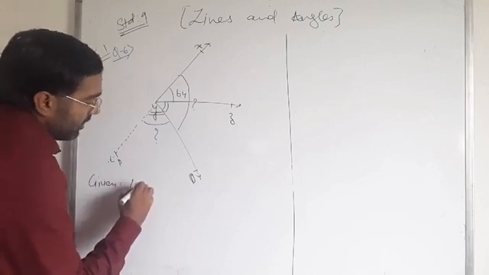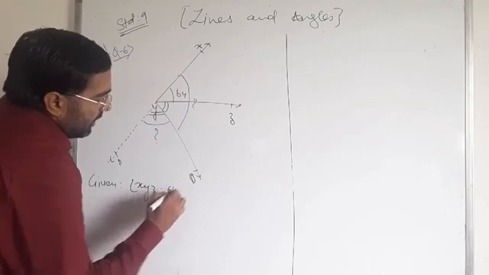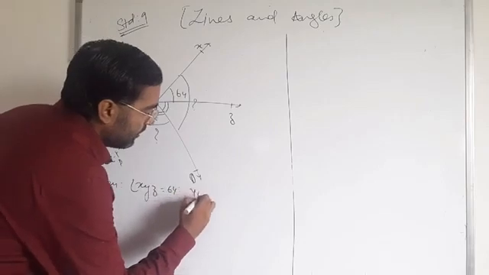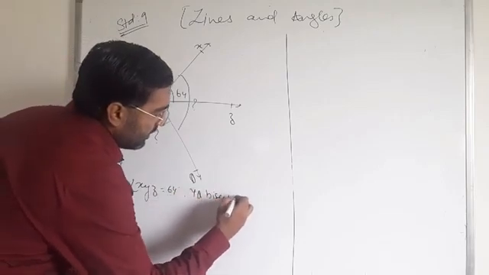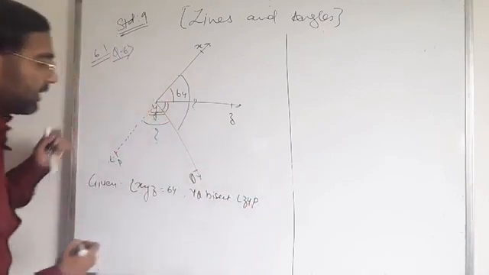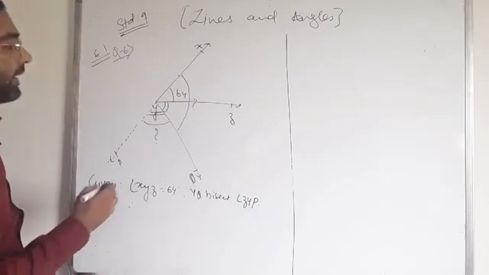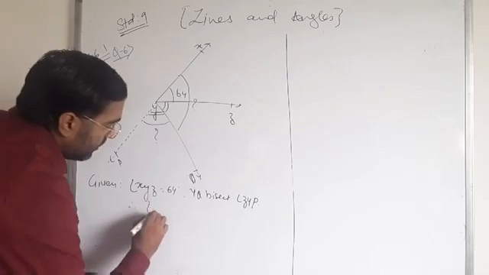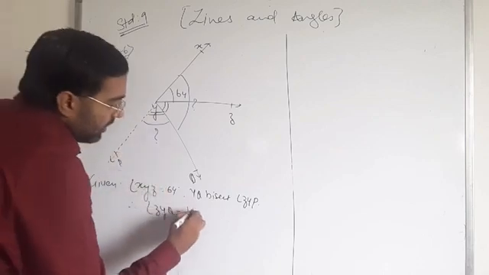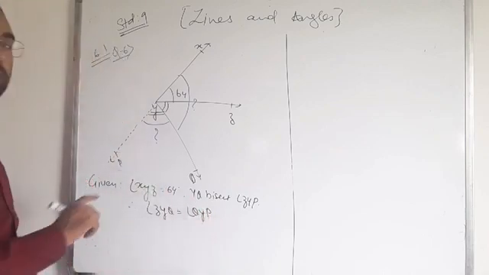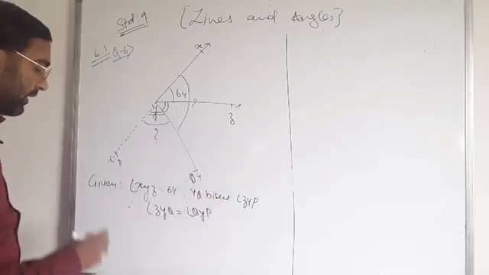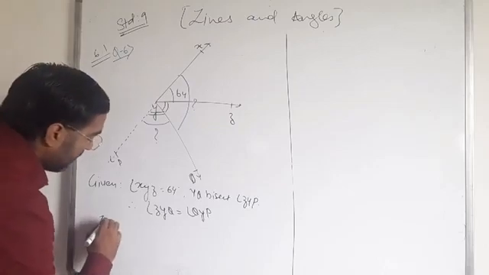In the given figure, angle XYZ is equal to 64 degrees, and second, YQ bisects angle ZYP. Therefore my angle ZYQ is equal to my angle QYP. Both angles are equal because YQ bisects the angle ZYP.